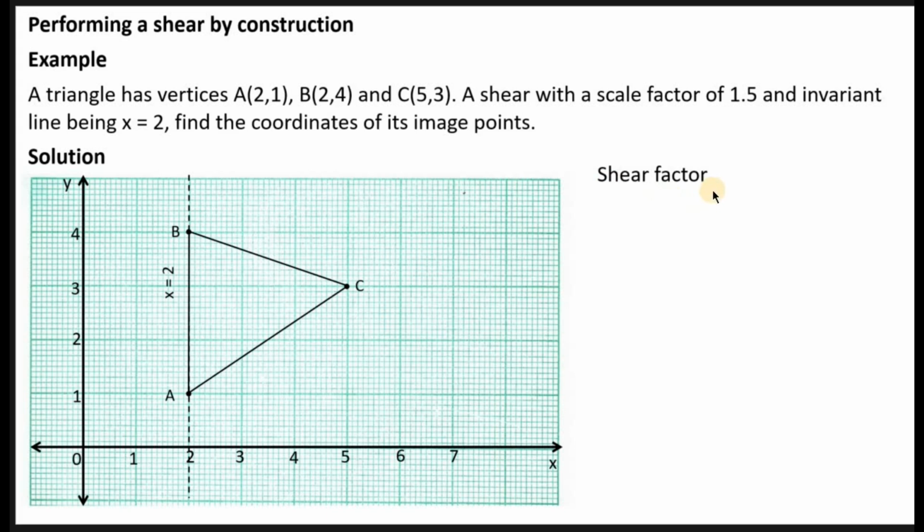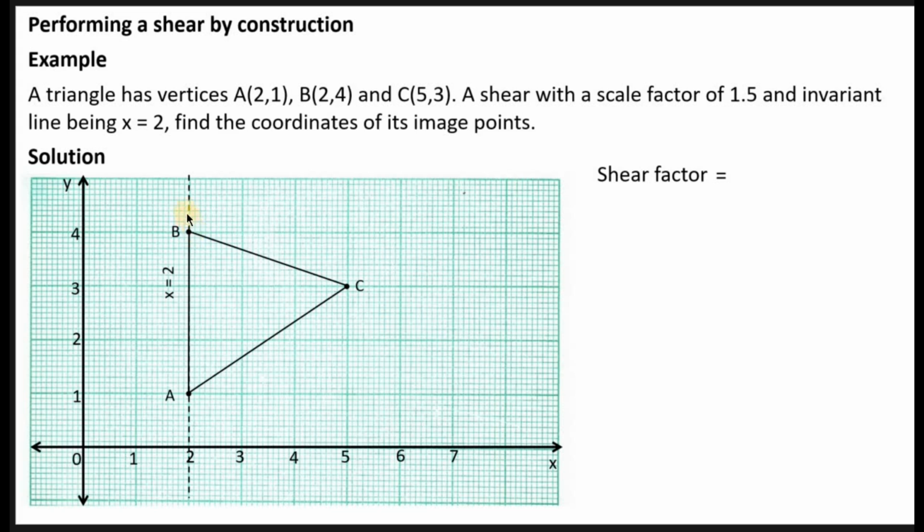If this is the invariant line, remember we said a shear is a transformation which keeps certain points fixed on the invariant line, and then it moves other points parallel to the invariant line.